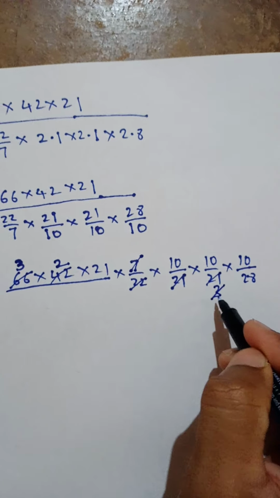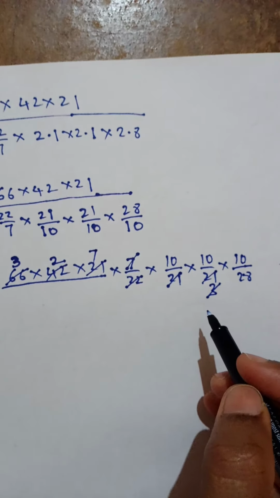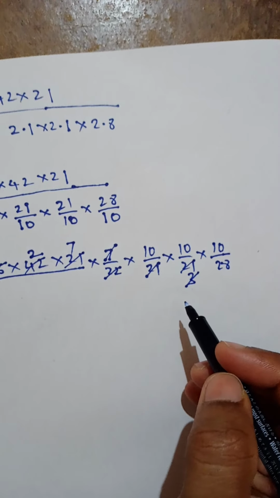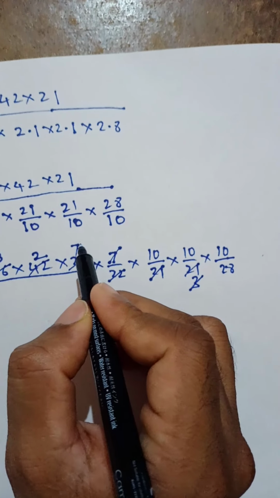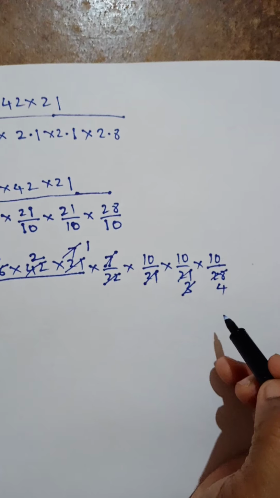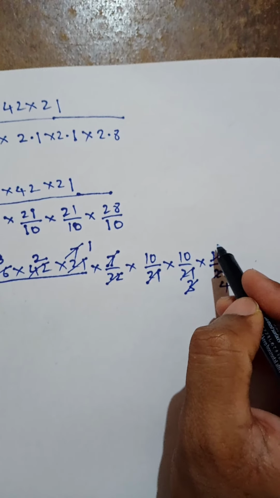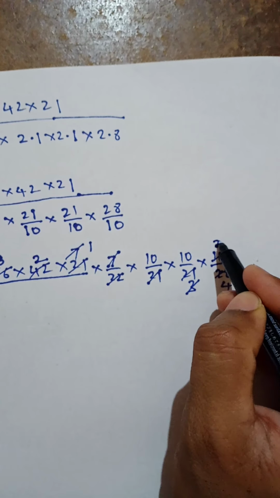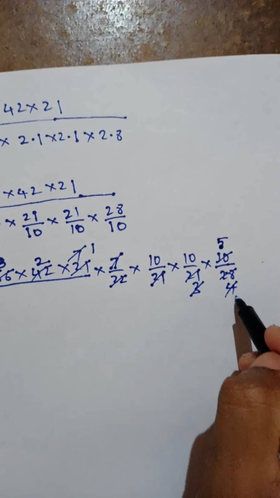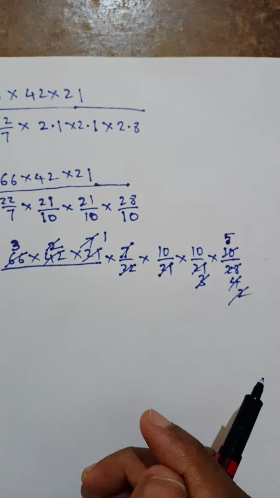Again 7 ones, 3 ones, 3 sevens are 21, cancellation. Next 7 ones are 7, 7 fours are 28, cancellation. Now 2 fives are 10, 2 twos are 4. Now this 2 and this 2 will cancel.